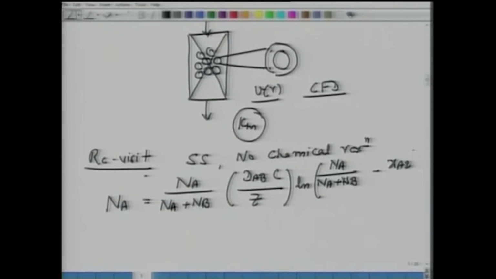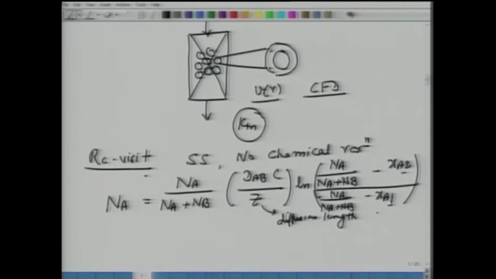We can write this in terms of mole fractions at planes 1 and 2. So this Z is nothing but the diffusion length, and XA1 and XA2 are your mole fractions at planes 1 and 2.